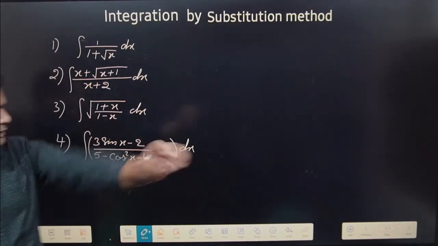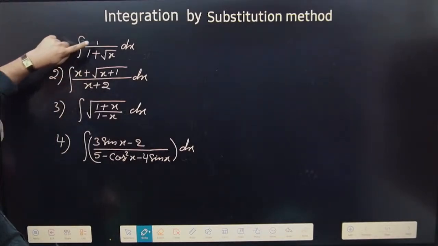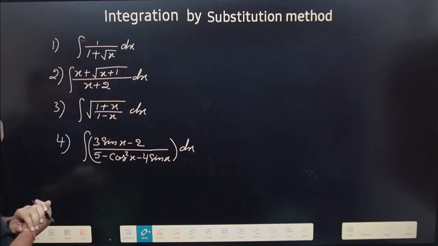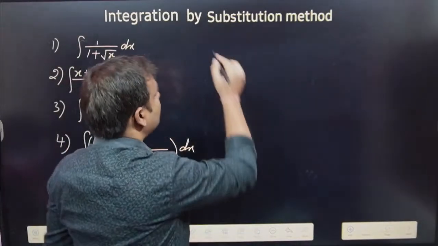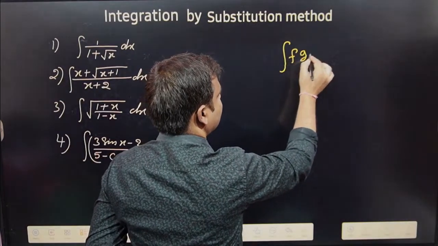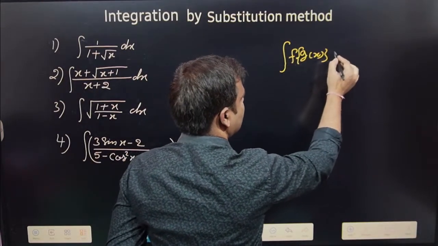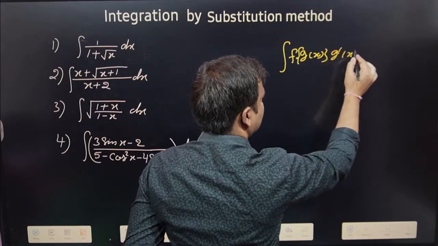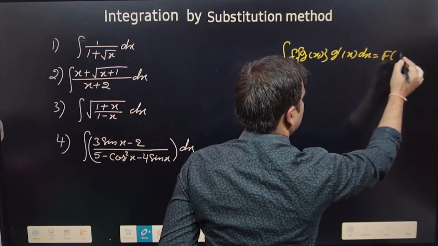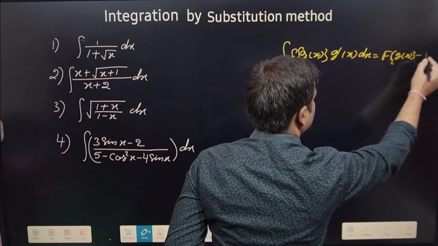Now start the integration of 1 upon 1 plus root x dx. How can we do it? In the last class I discussed the method of integration: if f of g of x and g prime x dx is given, then that is written as capital F of g of x plus c.